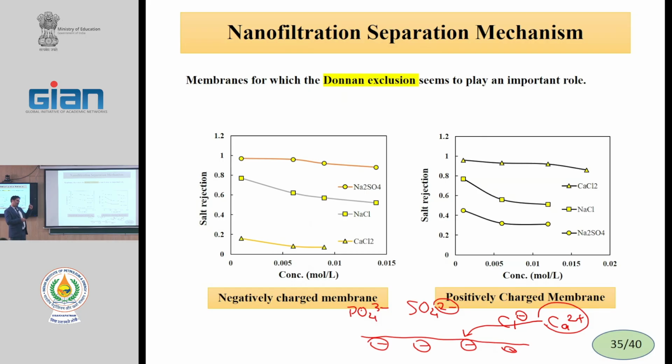First, the pore size should be reduced to 3 or 4 nanometers, and then the charge will influence the separation. Like we are currently separating lithium.